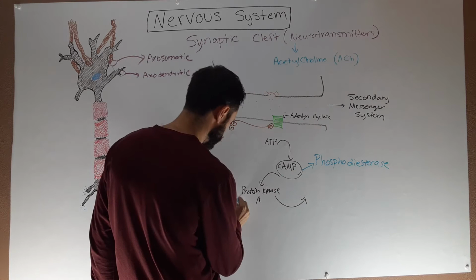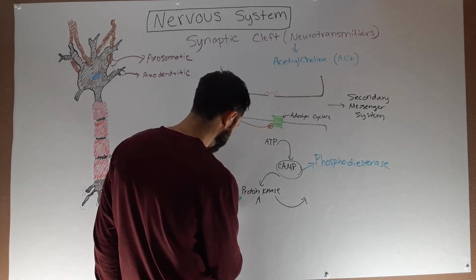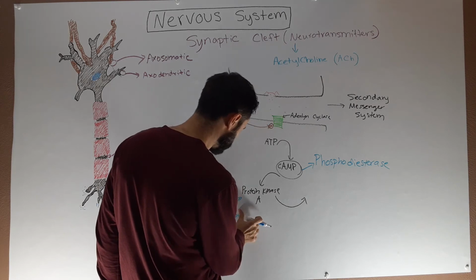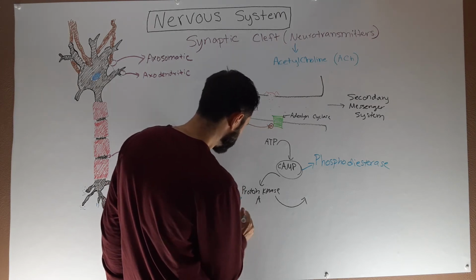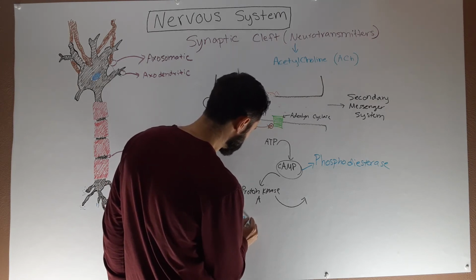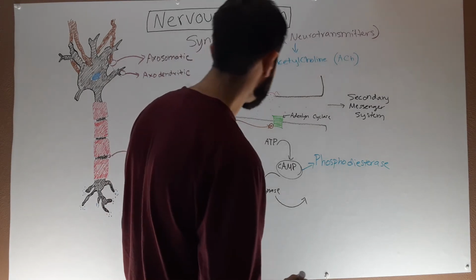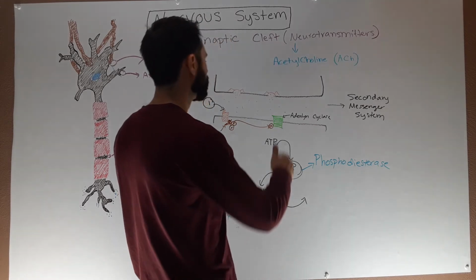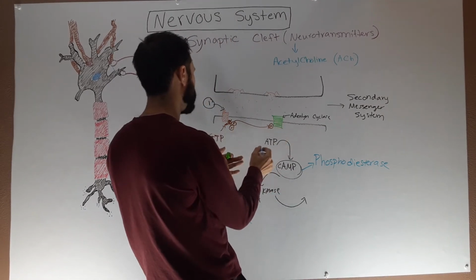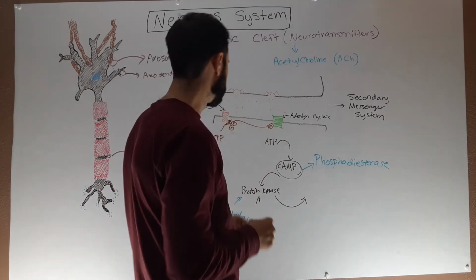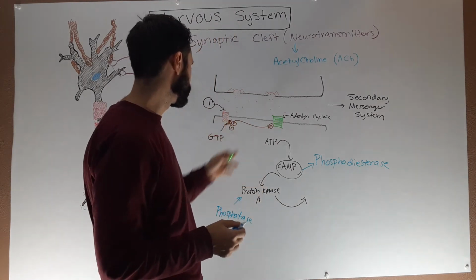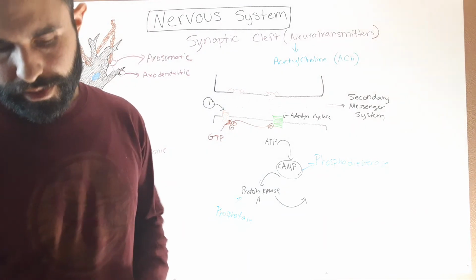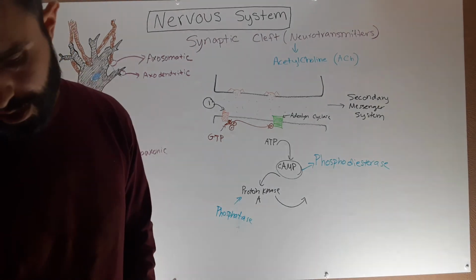And then this one, phosphatase, will then deactivate this one, not phosphate, phosphatase. That will deactivate protein kinase A, which will then cause the alpha subunit to come back here, break apart, and go back to this G protein structure. That is the secondary messenger system.